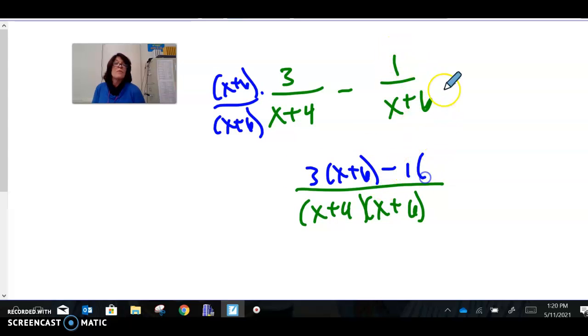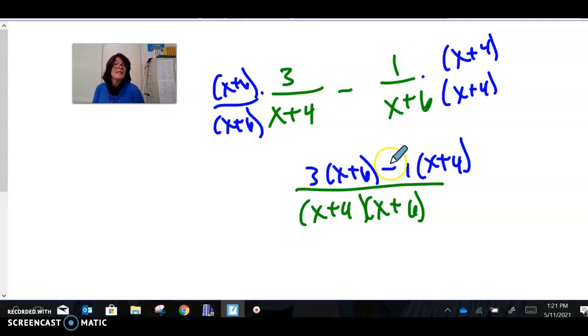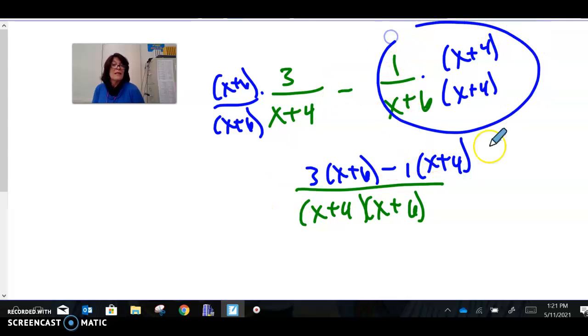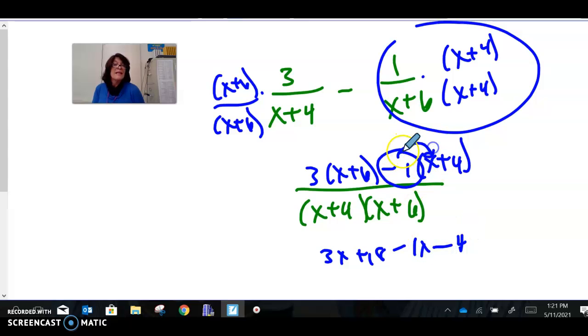Here I'm going to have to take the 1 times an x plus 4. It's not really just 1, it's negative 1. You're subtracting this whole thing. Okay, so you want to be careful. This becomes 3x plus 18, of course, minus 1x minus 4. You're taking this negative 1 the whole way through.